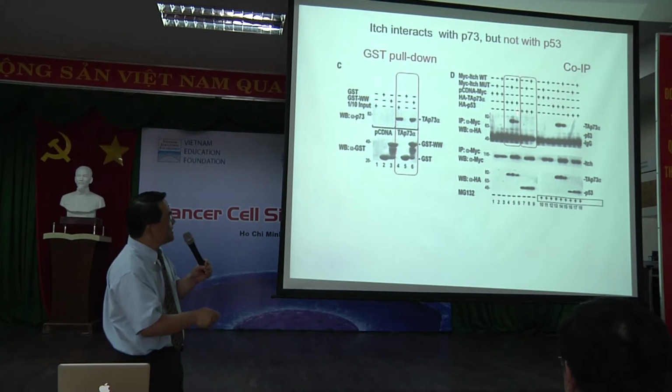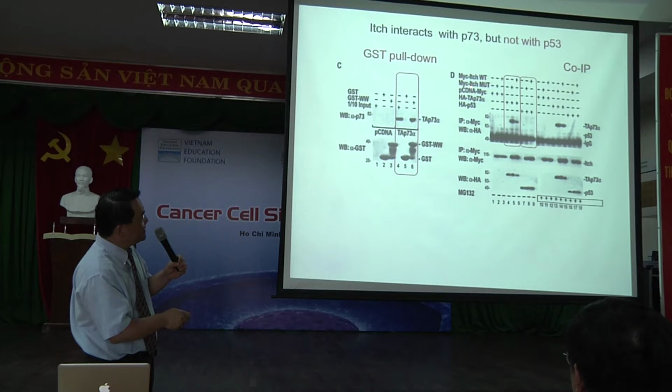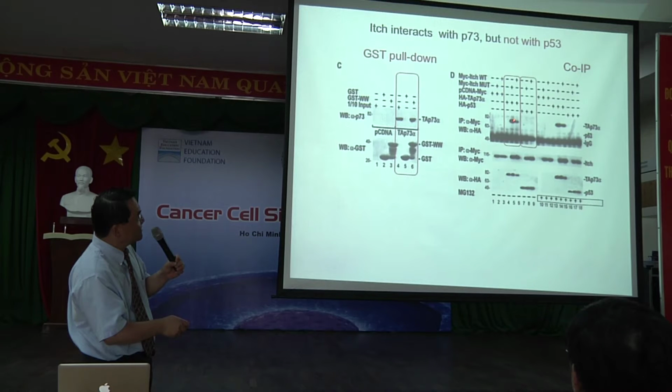The co-IP experiment shown here, there's each wild type and then each mutant, okay? And then wild type interacts with P73 alpha nicely, okay? But not with the P53, okay? See here is the HA tag of P73 alpha, HA tag of P53.